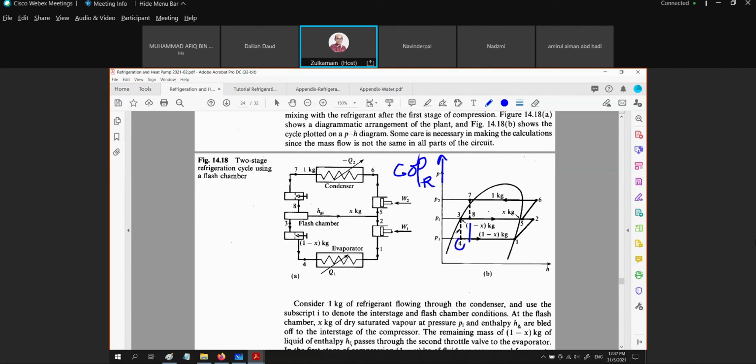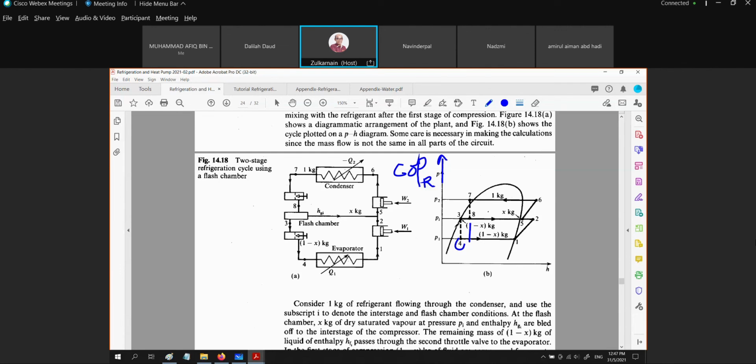Whereas in the previous lecture, we tried to modify the whole cycle by looking at state 1, bringing it to the right, or increasing Q41. But in that case, when we increase the Q41, we also increase the work input to the compressor. Same goes for the state 3. When we move the state 3 to the left, with the same amount of work, we are also increasing the COP.